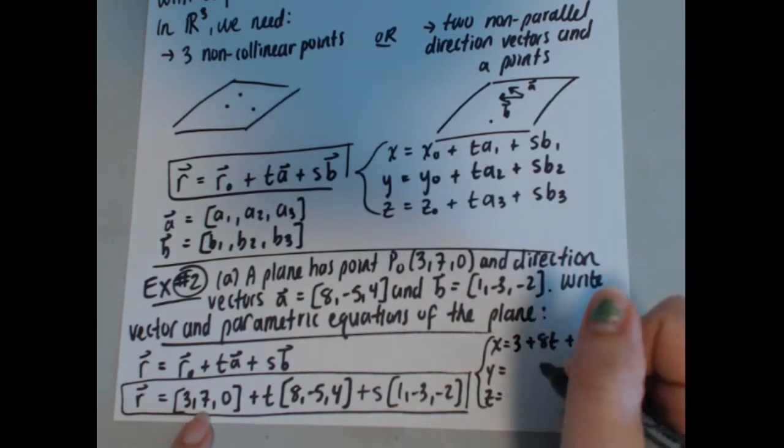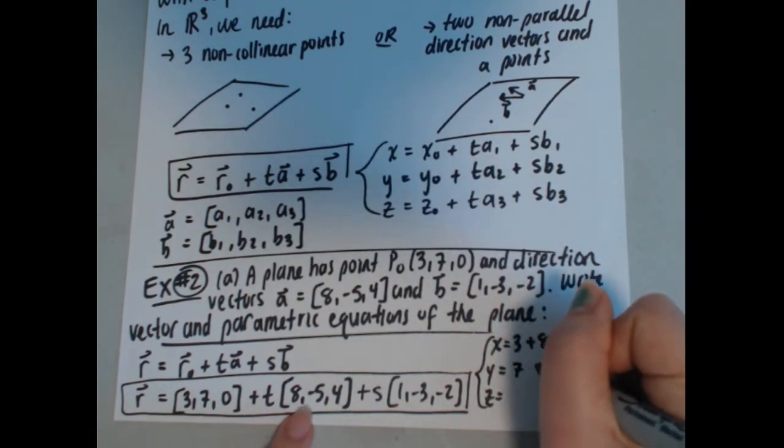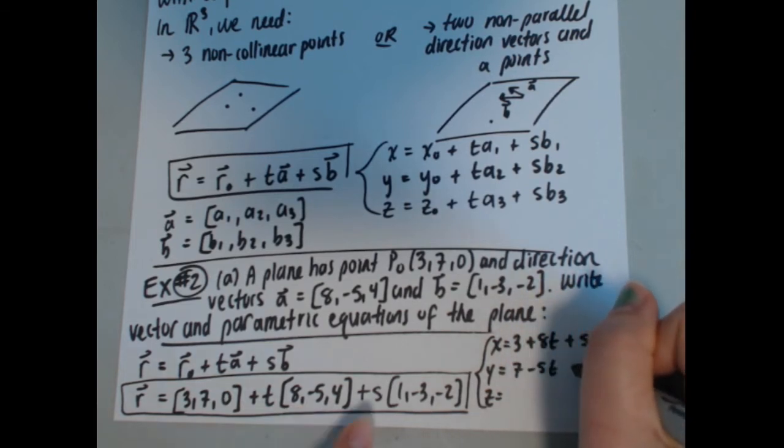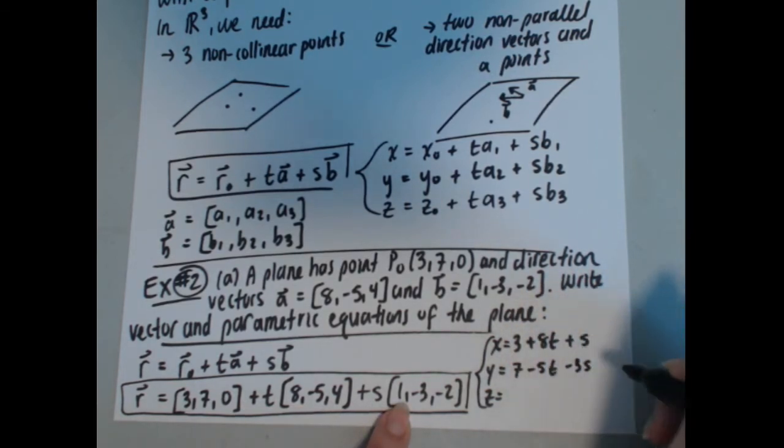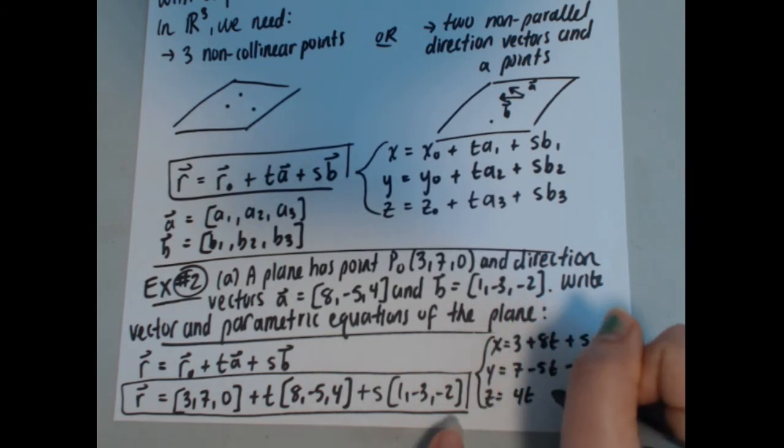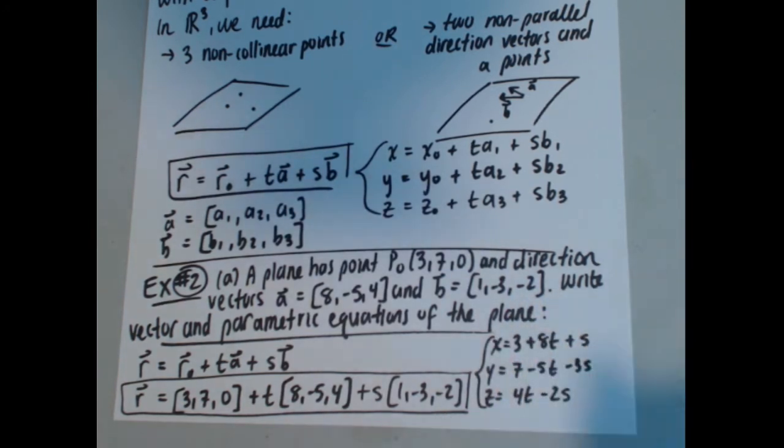Okay, the y is going to be 7 minus 5t minus 3s. Okay, and finally the z, it's going to be 0, you don't have to write 0 plus, it's going to be 4t minus 2s. And there you go. So that was part A. We figured out the vector and parametric equations of the plane. Now we're going to determine if a specific point is on this plane.